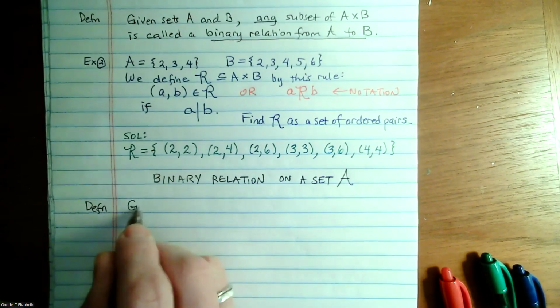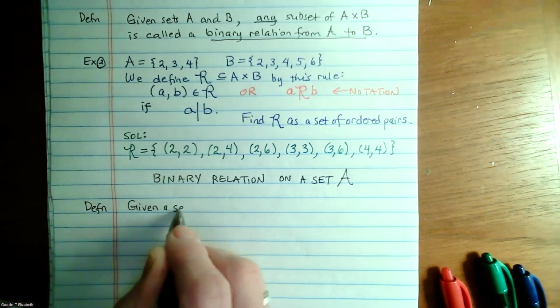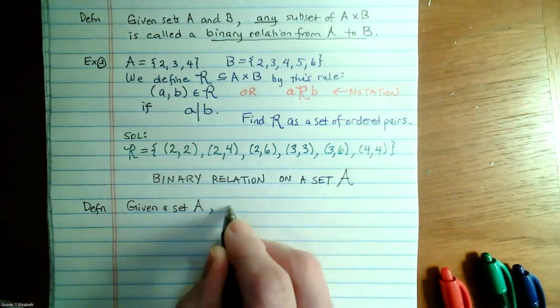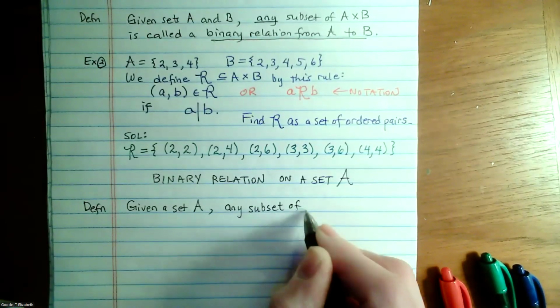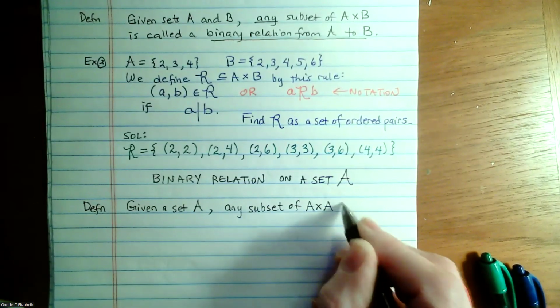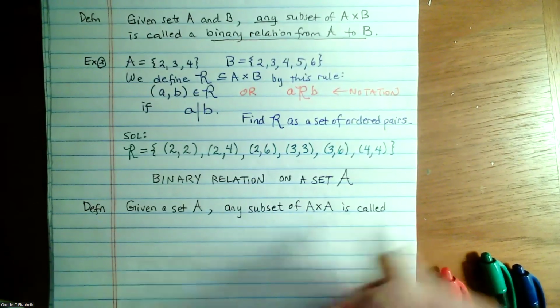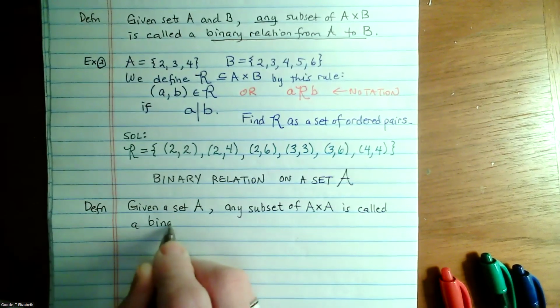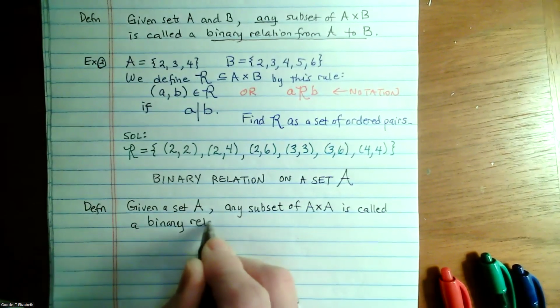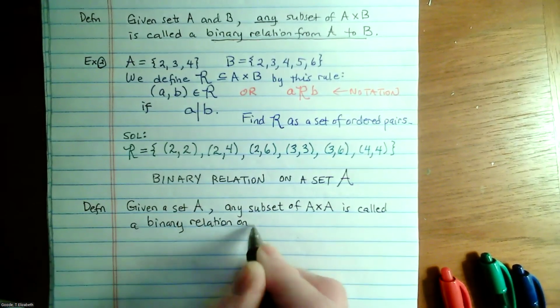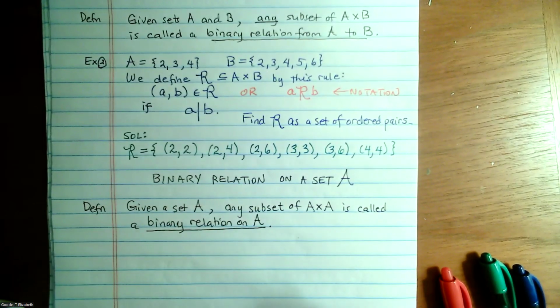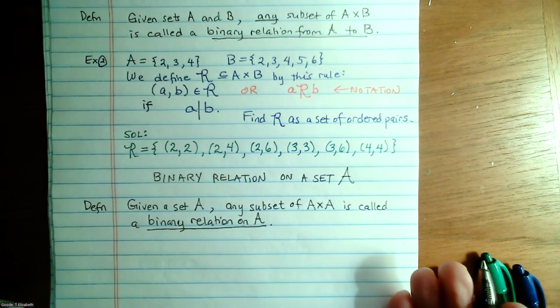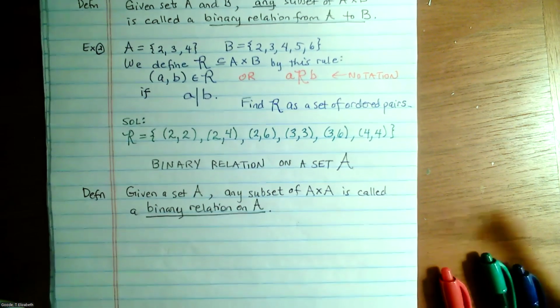Given a set A, any subset of A cross A is called a binary relation on A. So instead of saying it's a binary relation from A to A, we just shorten that and say it's a binary relation on A.